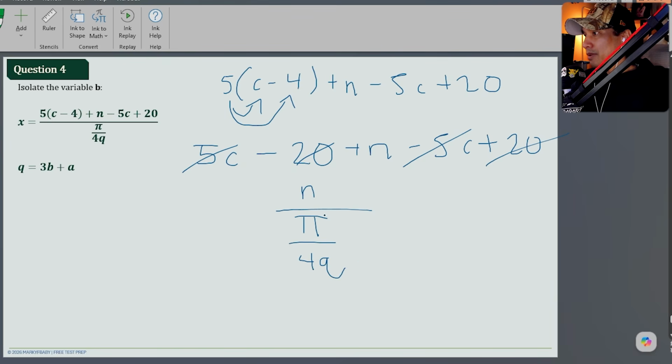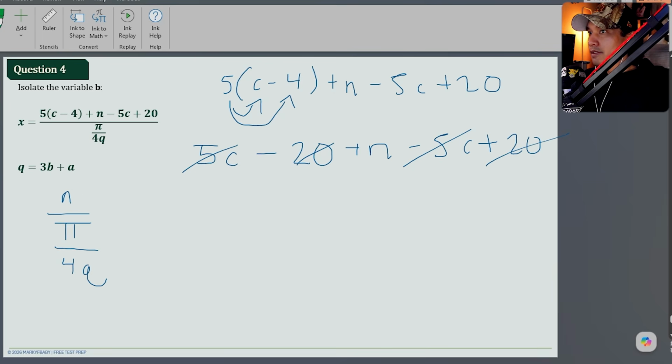Okay? We're not done simplifying yet. Okay? What can this turn into? Or what's the equivalent to this? Well, the equivalent, and I actually want to write this right here so I have more space. And then we could solve it. So the equivalent of this, right? The equivalent of this is n and then divide by pi over 4q. Well, remember, keep, change, and flip.